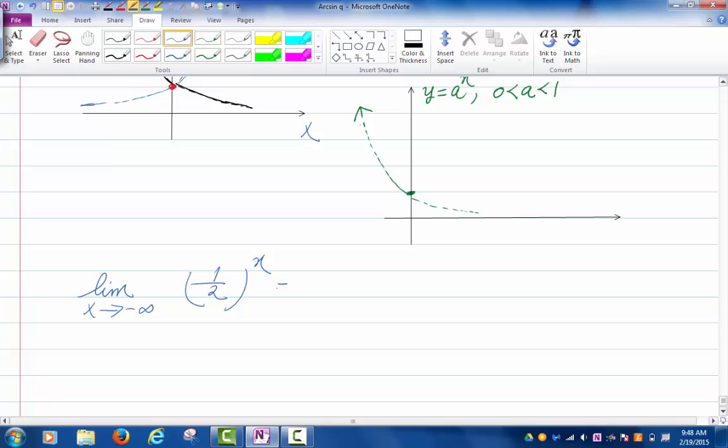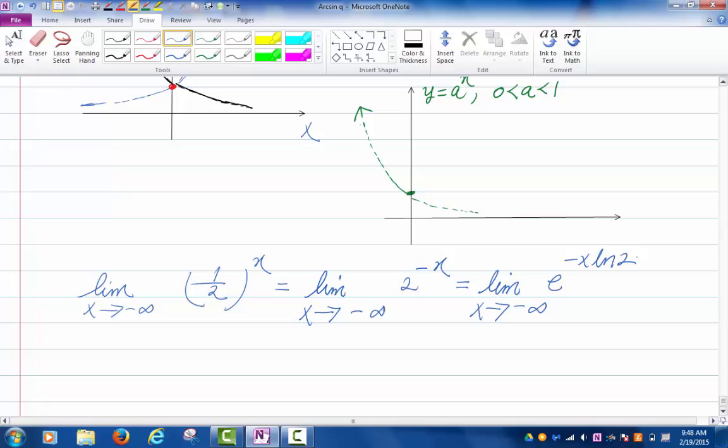However, I could also say that this is equal to the limit as x goes to negative infinity of 2 to the negative x, and this is the limit as x goes to negative infinity of e to the negative x ln of 2. ln of 2 is positive, so if x goes to negative infinity, the exponent is going to positive infinity.